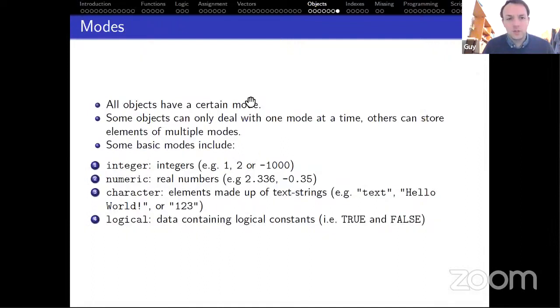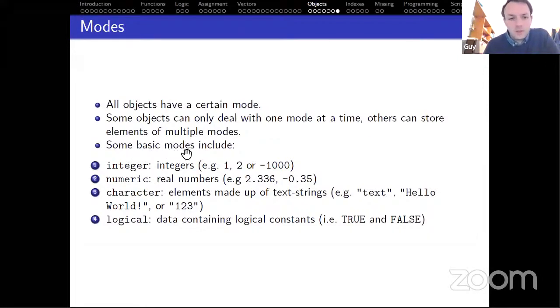Okay, so I talked about this a little bit already, that all objects have certain modes that they can deal with. Some objects can only deal with one mode at a time, like a vector or a matrix, and others can store elements in multiple modes, like a data frame or a list.